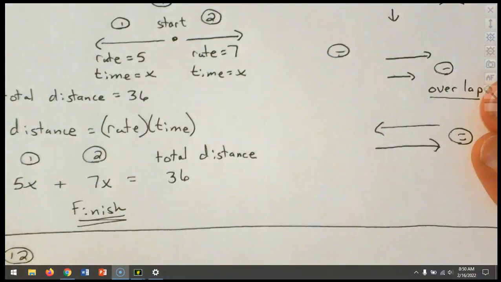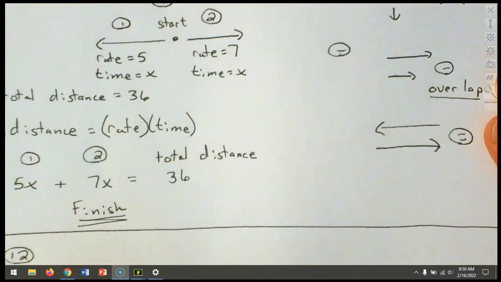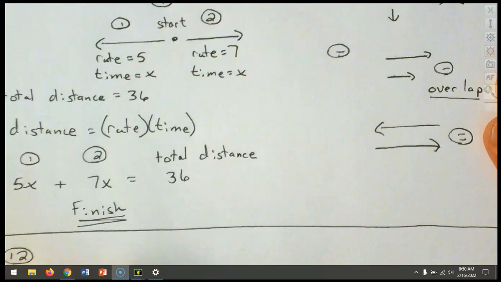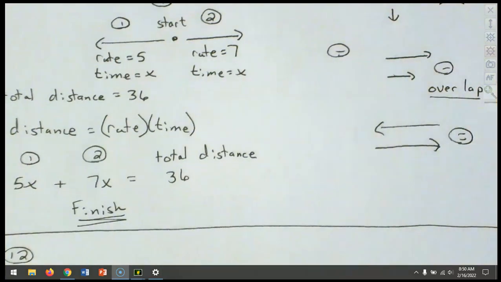Okay, so what do we have? Well, we have a trip, and this trip is going to be broken up into two parts. And the first piece that we encounter is that 200 miles.